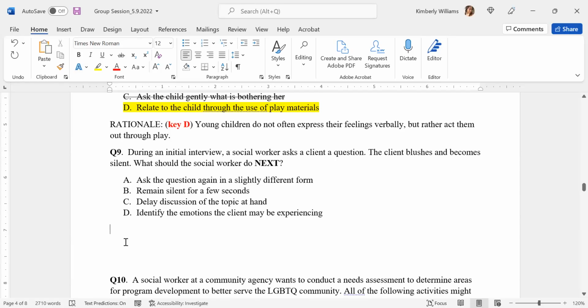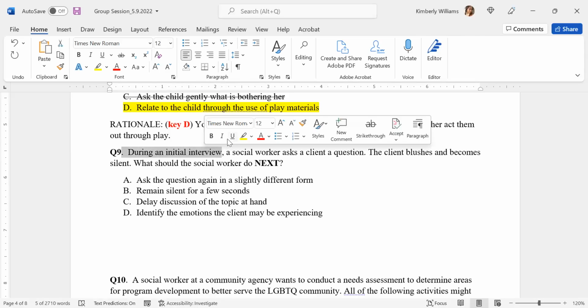These next questions be a little tricky. During an initial interview, a social worker asks a client a question. The client blushes and becomes silent. What should the social worker do next? So we're in the beginning phase because we're doing an initial interview.